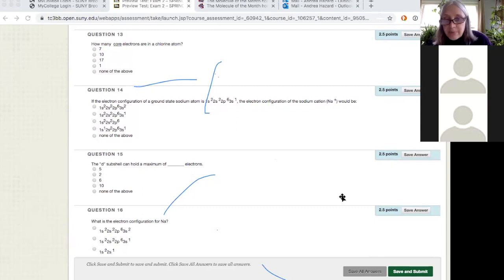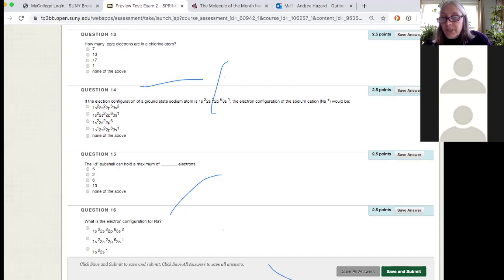Okay, so periodic table. Chlorine is in period 3, and now I have to remember what the question is. It's the trouble with trying to open these things and remember what I'm doing. Okay, so how many core electrons are in the chlorine atom?